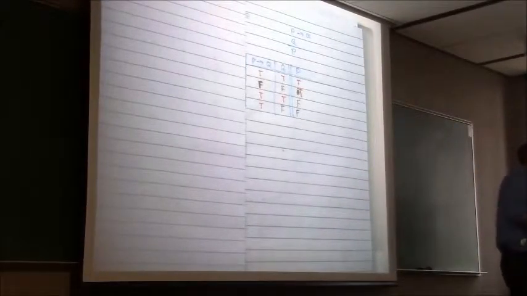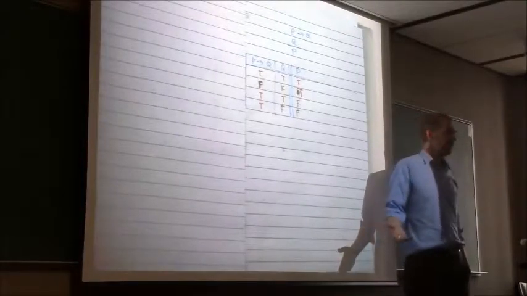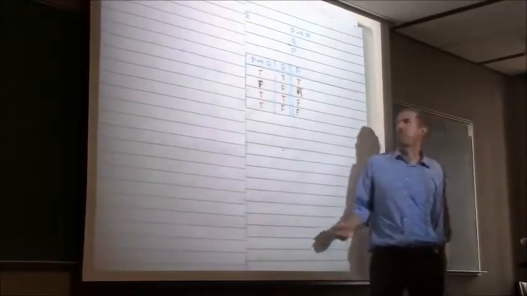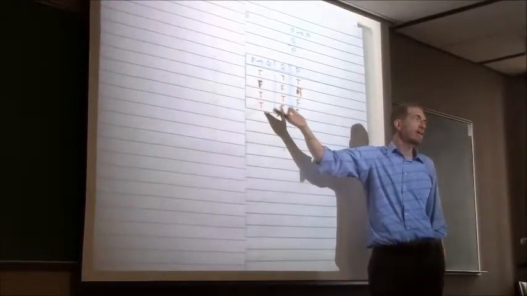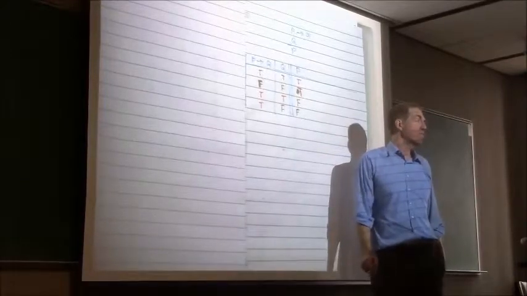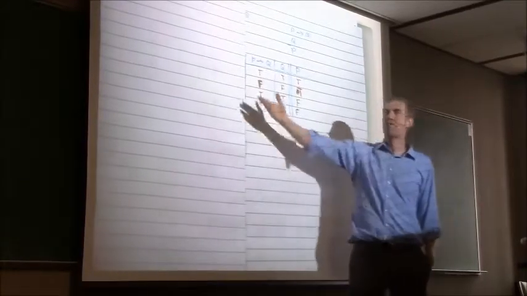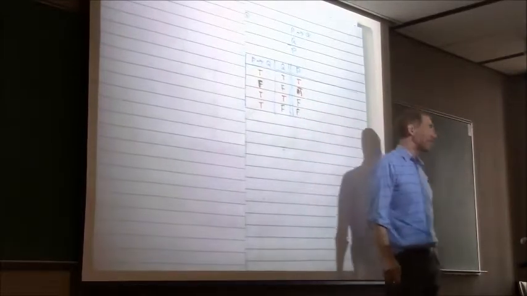So, in effect, the truth table method is a test for invalidity. Because what you're looking for is a line where all the, in this case, there are only 2 premises, but there can be 30 premises. I wouldn't do that to you, but it's possible. In that case, all of the premises have to be true at the same time, and the conclusion has to be false.